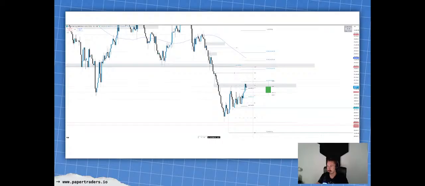Here we can be looking for an outside hour with a sweep of either side of the 8 a.m. candle. Sweep the low with no displacement, we can look for the upside. Sweep the top with no displacement, and we can look for the downside.